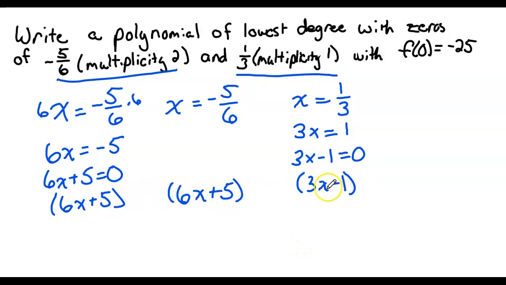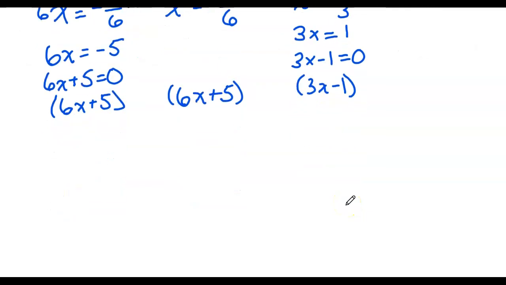So now, think about this as my polynomial being in factored format. So when I go to actually set this polynomial up, I have my f of x, and I have these 3 factors here.